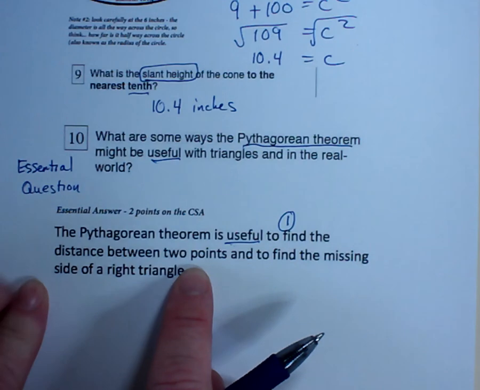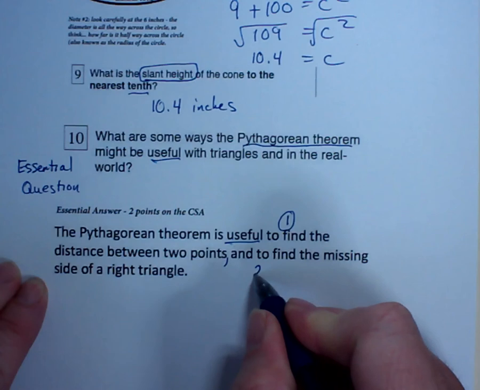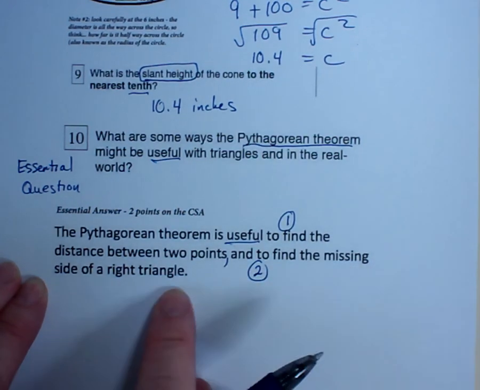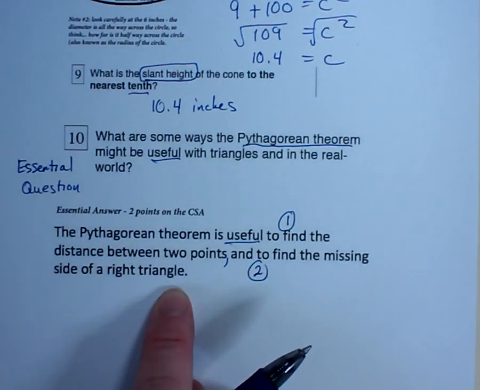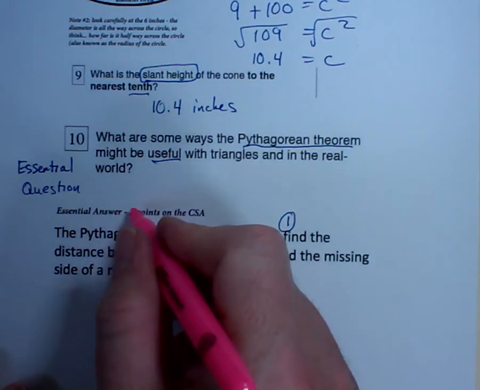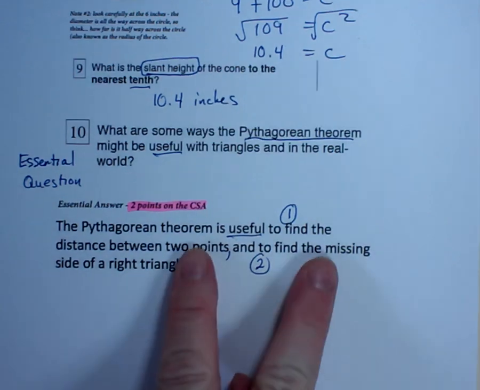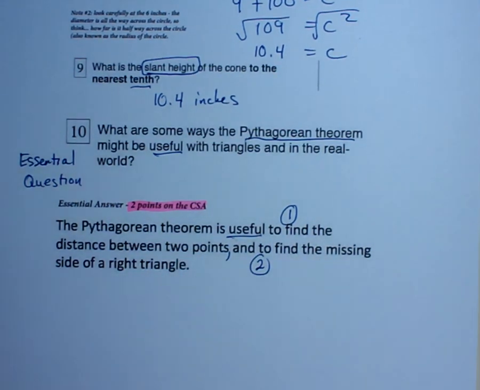And we actually spent a lot of time doing the distance formula on a coordinate plane. The other one is 2, to find the missing side of a right triangle. So that's a 2-pointer on the CSA. So if you want to get that A+, you need both items in the answer.